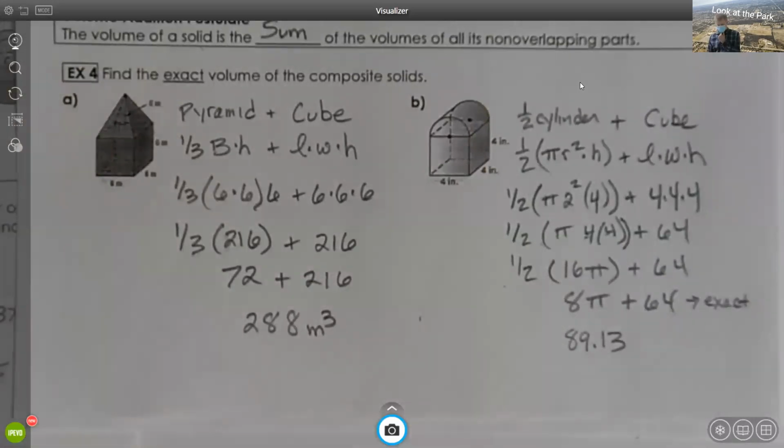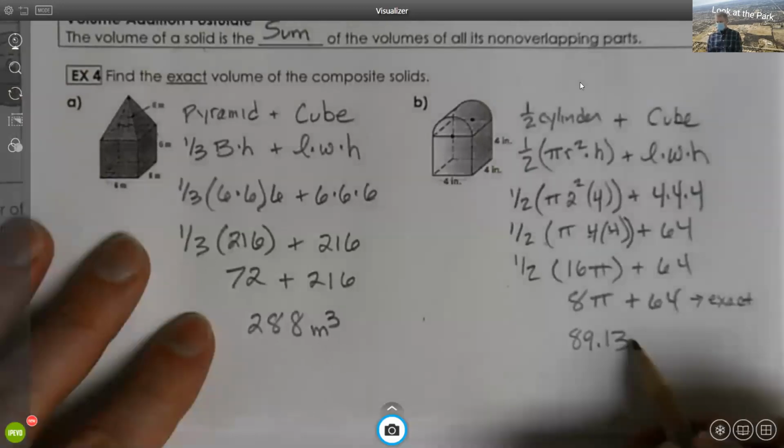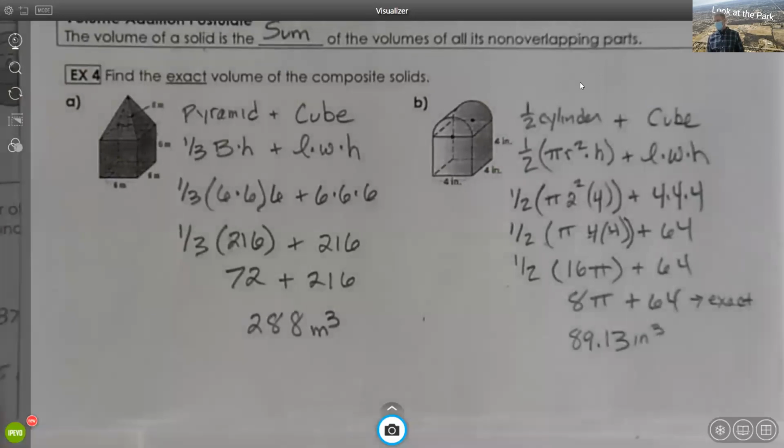We could just call that inches cubed. But in most cases, we would combine our like terms to get a decimal, just so we're familiar with that, that would be our decimal version of the exact. If you ever have a question which method you should be showing, you can easily show them both, because it's difficult to come up with the decimal version without first coming up with the exact.